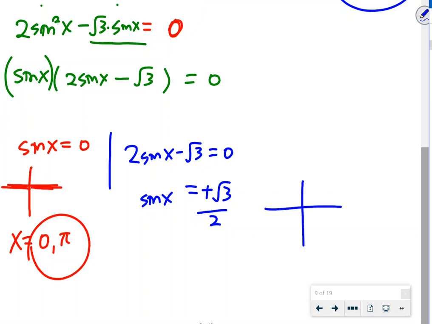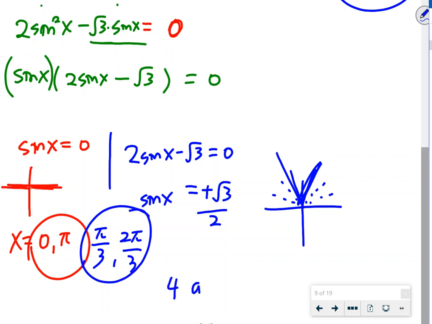Sine is positive in the first quadrant and second quadrant. You may try to expedite this process by mastering the unit circle. So 2 more answers: pi over 3 from this one, and the second one should be 2 pi over 3. So did you get 4 answers? Yes, by not dividing by sine or cosine from both sides.